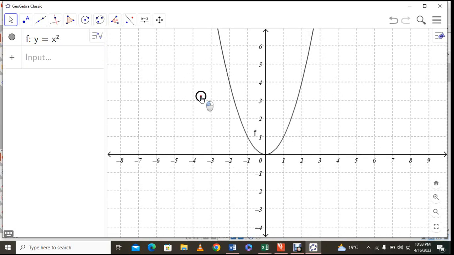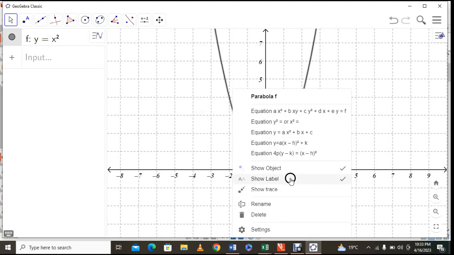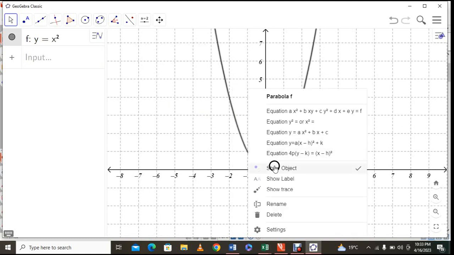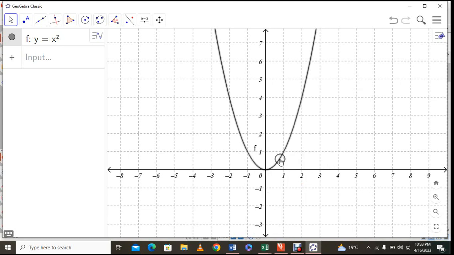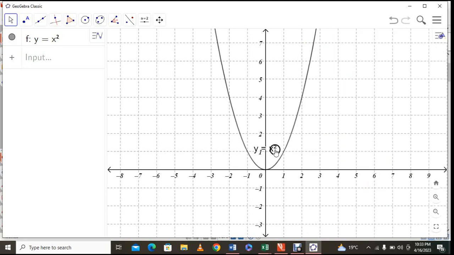Again, I can label it, or I can decide to just, let me go to the settings and then I name the graph, the value of the graph. Okay, so this is the graph y equals x squared, as you can see.